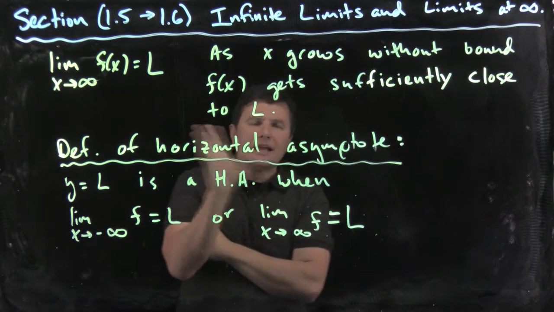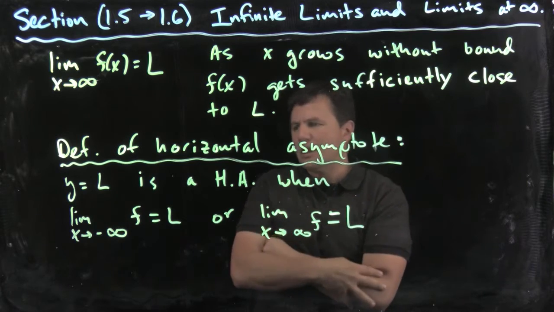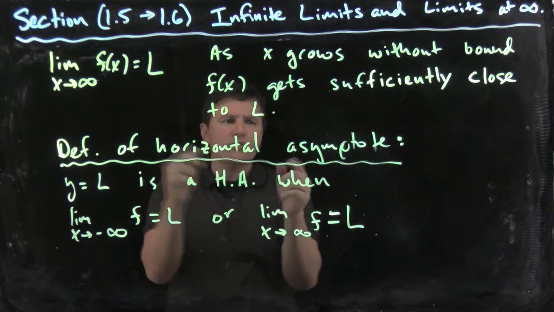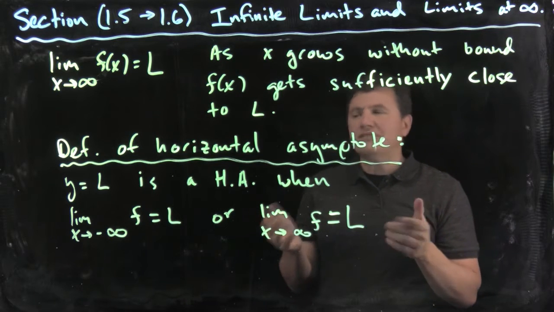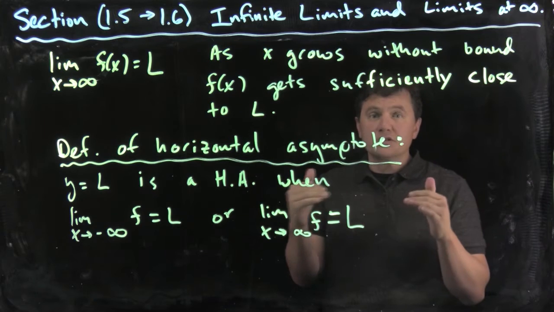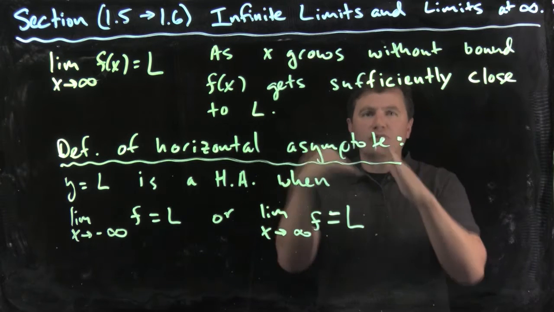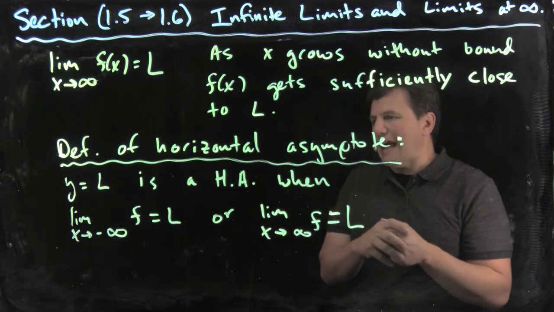I'm going to talk more about that because that tends to cause some confusion with people, what people thought normally was horizontal asymptotes, because our definition of horizontal asymptote, once again, is using this as a limit. So vertical asymptotes is very simply as x approaches a particular value, if the output's going to plus or minus infinity, we have a vertical asymptote. Horizontal asymptotes are kind of the opposite.